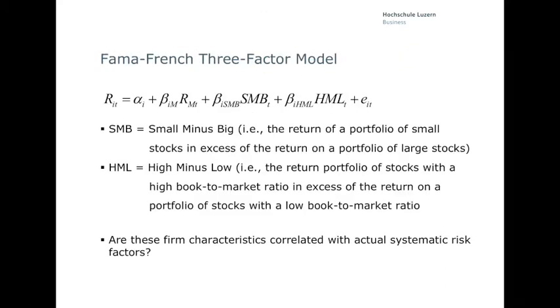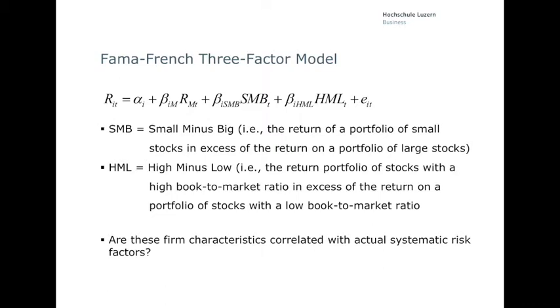Before we discuss the Fama-French three-factor model, we have previously seen that the arbitrage pricing theory shows us how multiple risk factors can result in a multi-factor security market line. But how can we identify the most likely sources of systematic risk?